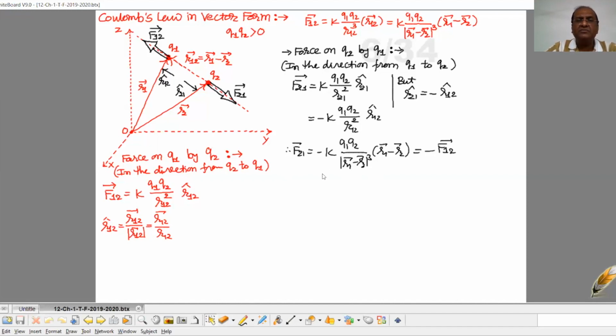We can observe that this one and this one are the same except for the negative sign. So we can write F21 as minus F12. So whether we take the force on 1 by 2, or the force on 2 by 1, or the force between those two, after all that is one and the same thing. Magnitude wise it is the same, but the directions are opposite. Clear?